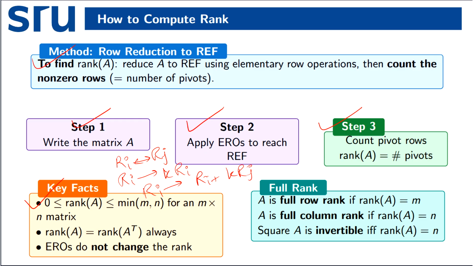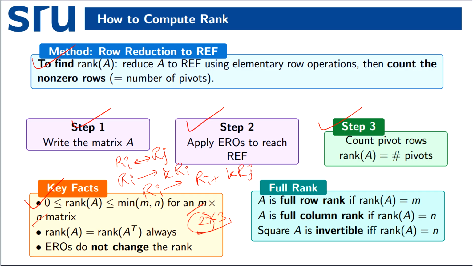Here m is the number of rows, n is the number of columns, and we take the minimum of them. Suppose a matrix is of the order 2 cross 3. In this case, rank will be less than or equal to the least one, that is 2. So rank will be less than or equal to 2, not 3.